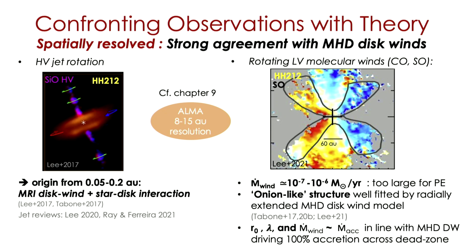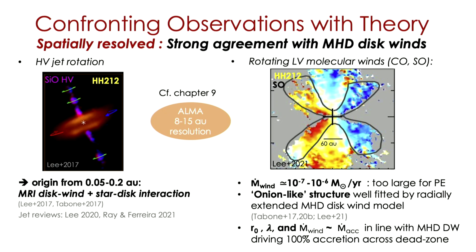They're of the same order as the accretion rate, so it's much too large for photoevaporation. There is an onion-like structure here that is well fitted by radially extended MHD disk-wind models, and I'll point you to these papers if you want to see a very detailed comparison of these observations with an MHD disk-wind model. It works really surprisingly well.